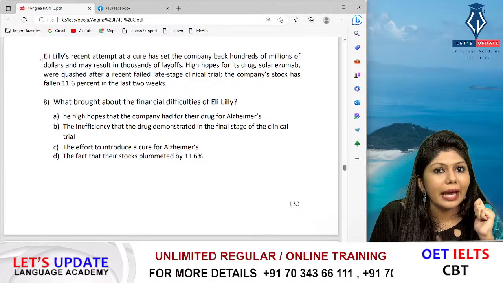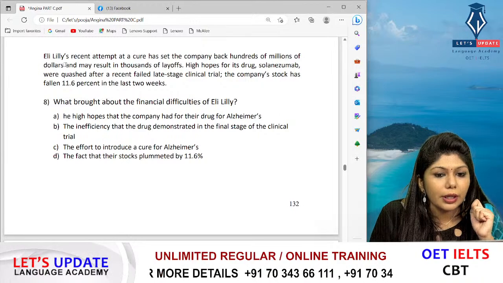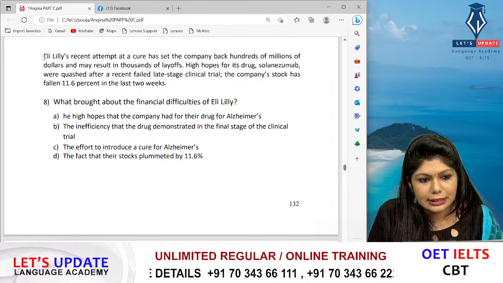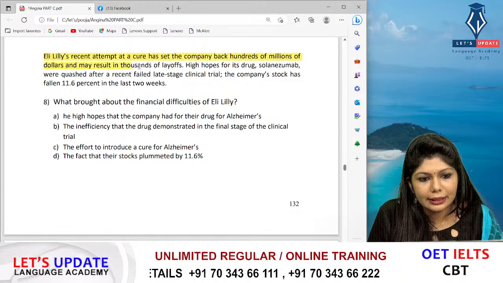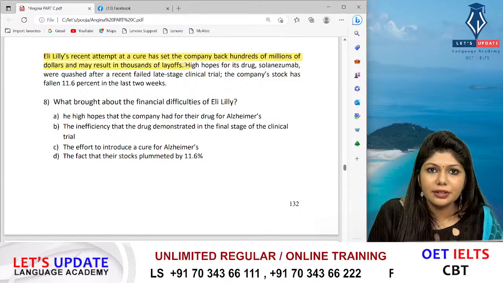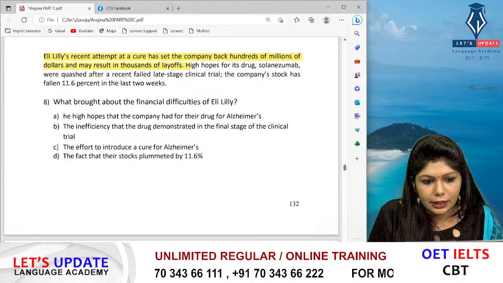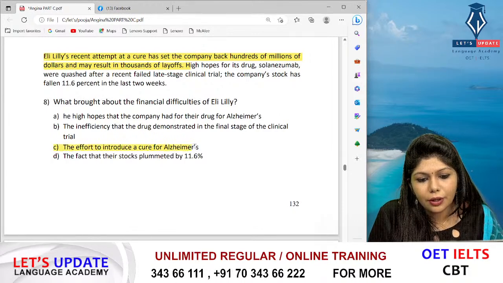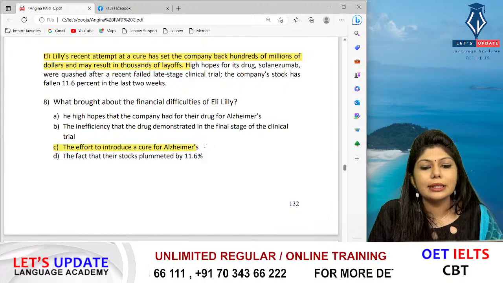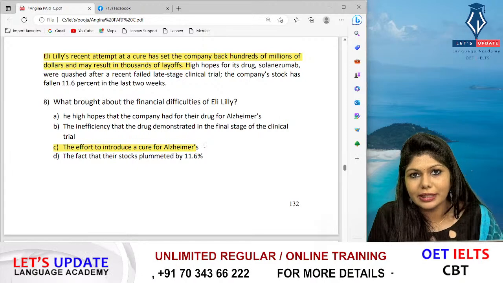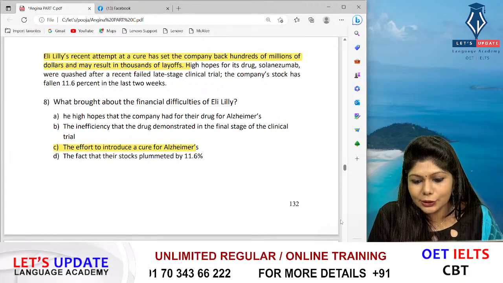Because they have attempted a cure. That is the very first sentence, and that has resulted in these financial difficulties. And that is why your answer should be C, the effort to introduce a cure for Alzheimer's. Okay, so I hope that is clear to you.